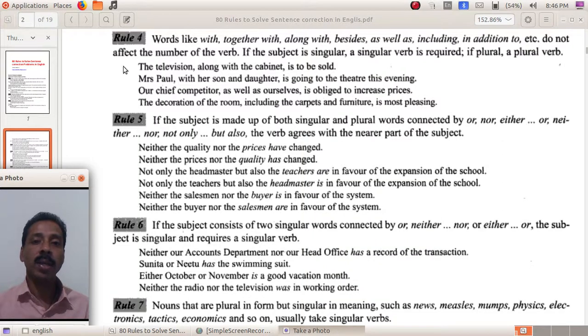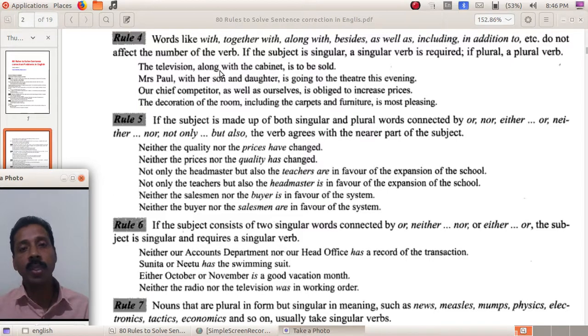If you look here, you will easily understand it. The television along with the cabinet is to be sold. So which is the noun here? The television. And we know that television is singular. So, is to be sold. A singular verb is used here even though the expression along with is used.